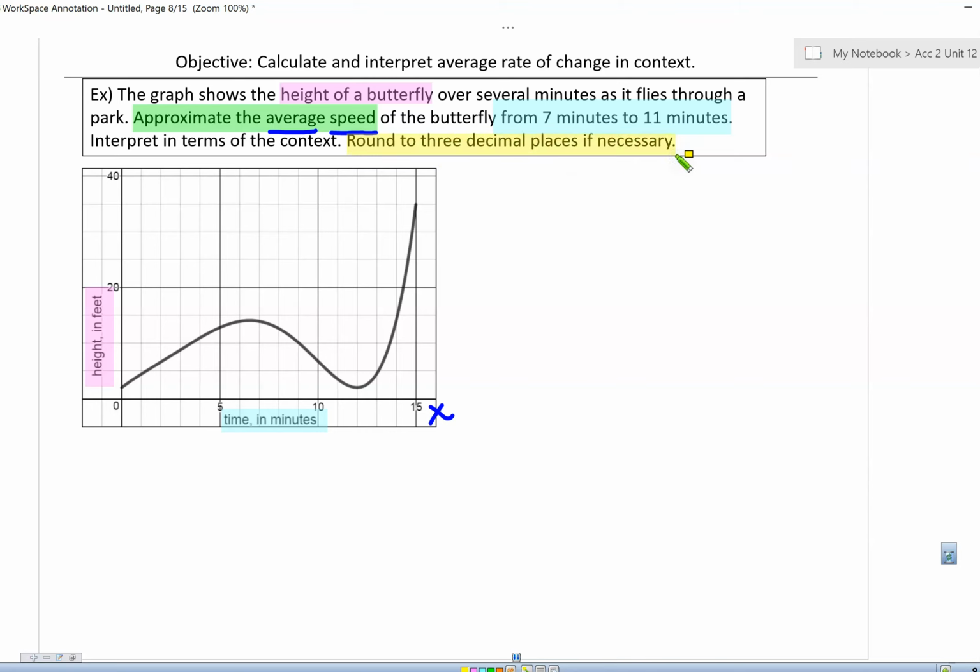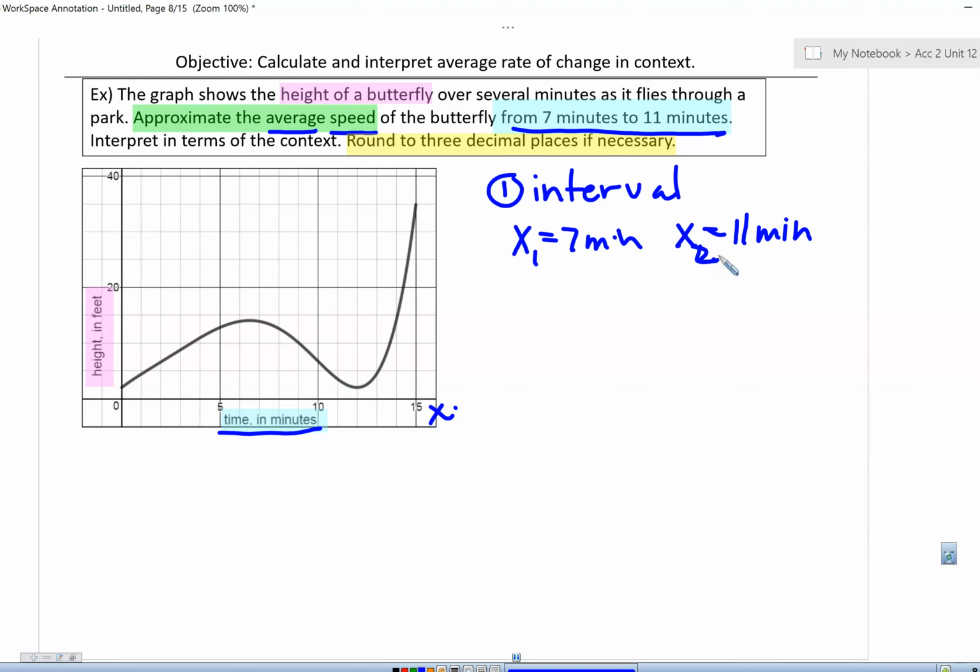All right, so first thing we want to do is make sure we understand what the values are in our interval. And those would be x values. So they have to be time in minutes. And so that's what we have here. So we have an x value of 7 minutes and an x value of 11 minutes. And you can give them subscripts if you want to, like so, but just so long as you understand and keep track of which x's and y's go together, that's up to you.